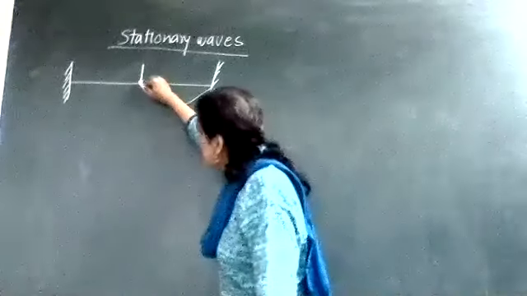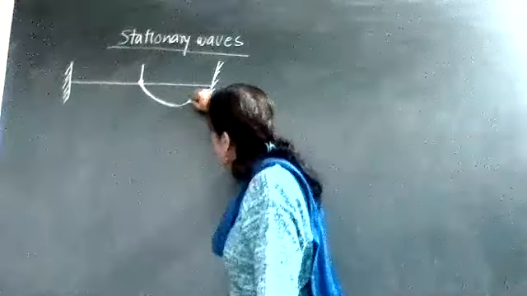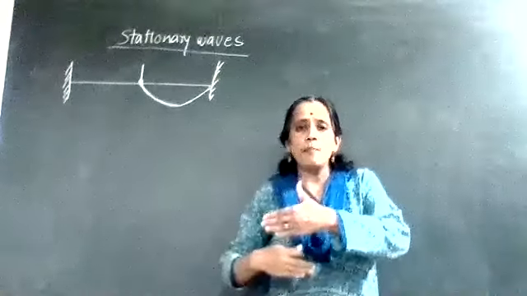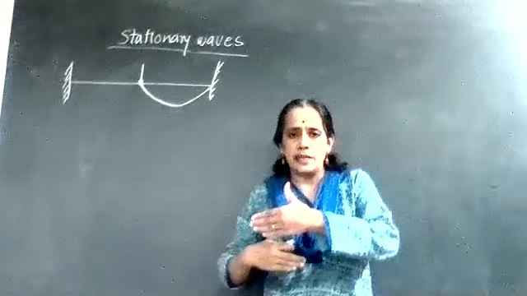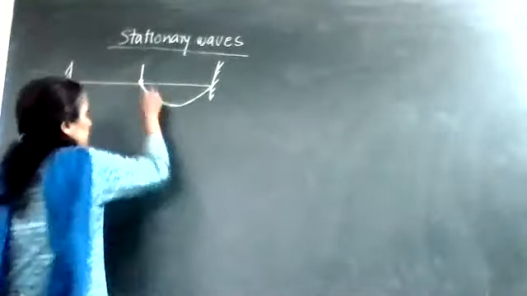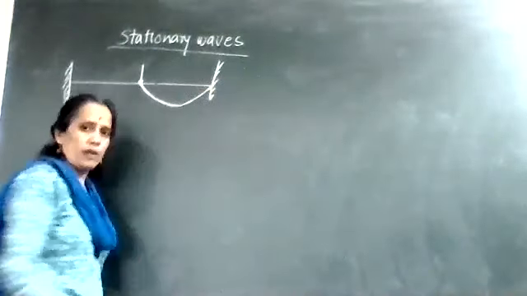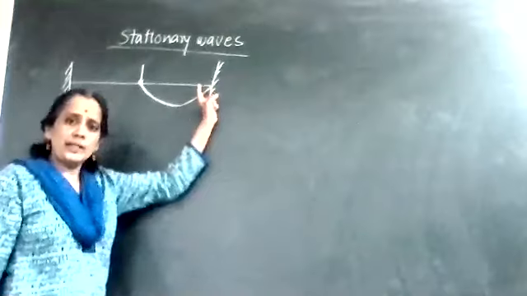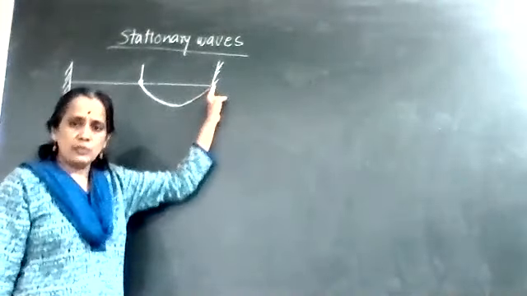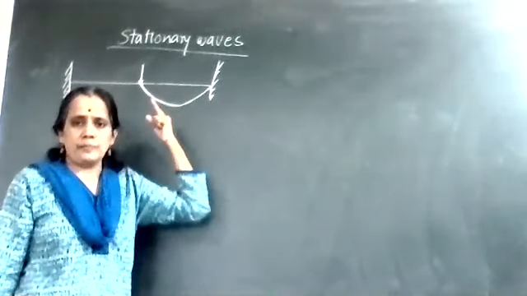So now, this trough part will be incident on this rigid wall. It is a concave part. So the trough is set up along the string, and therefore that trough will be incident on a rigid wall. As soon as the trough is incident on a rigid wall, there will be a reflection.